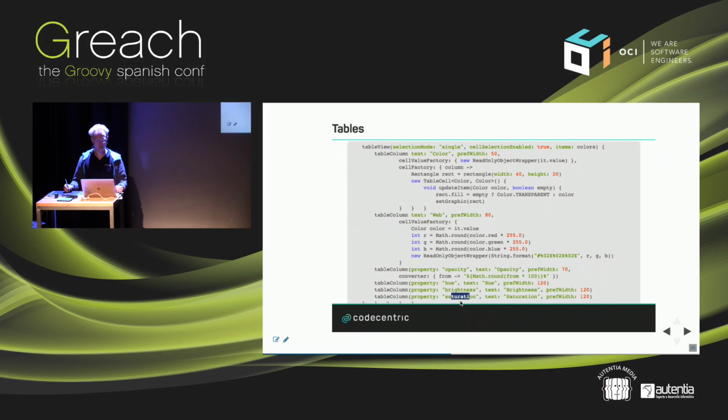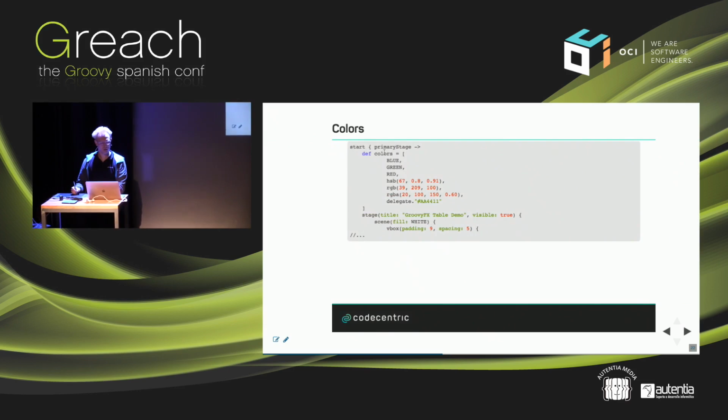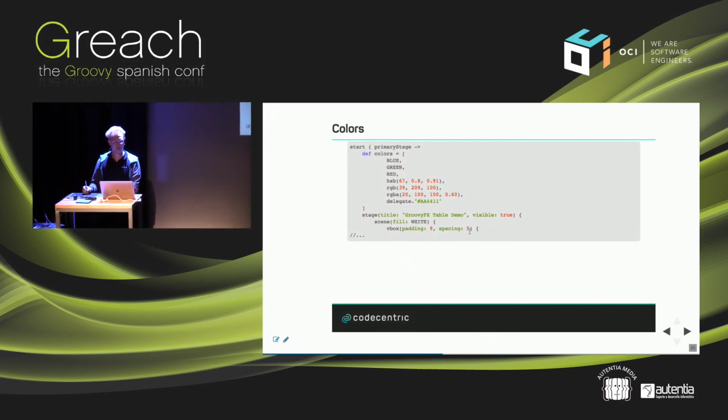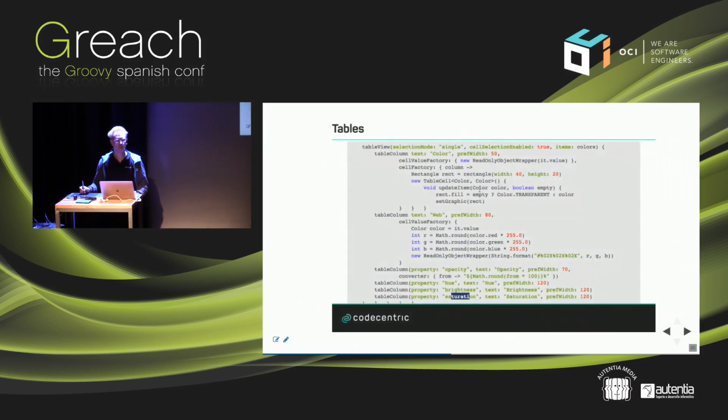Here in the tables, you see we also have a list of colors. These colors are the items, or the data model, so to say, of the table view. And here I just say the property saturation, so it's calling the get saturation method on the color object. This should be mapped to a column, and the title is saturation with this preferred width.